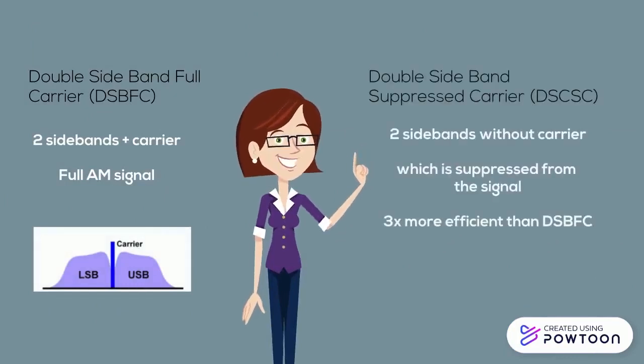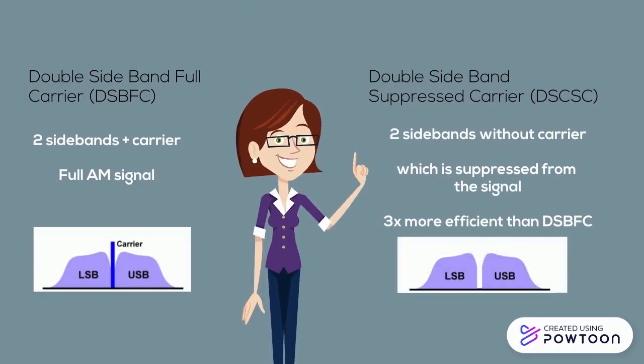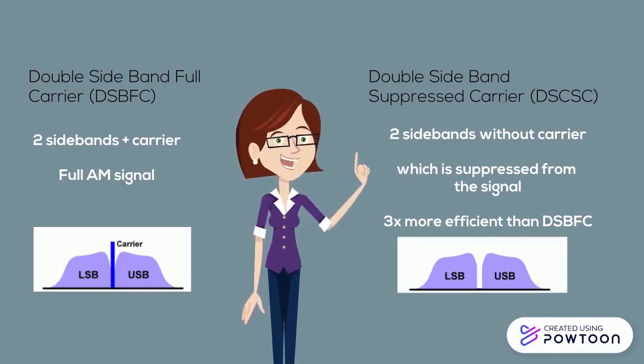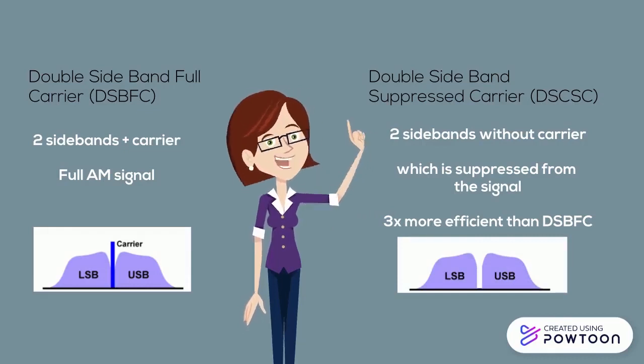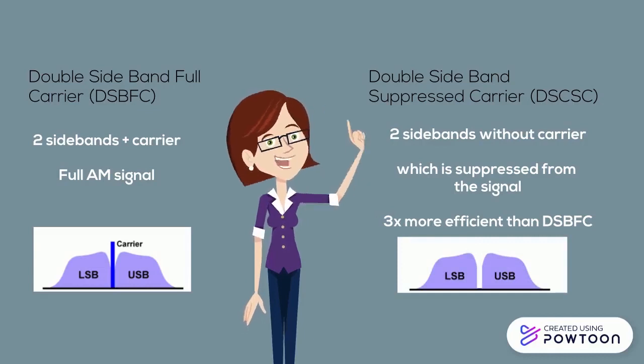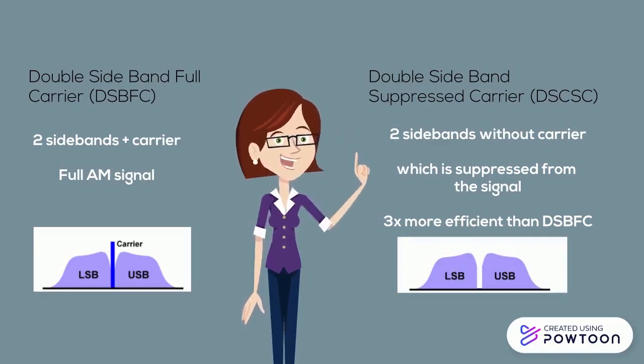And the second one is the DSBSC, which stands for double sideband suppressed carrier. Suppressed carrier transmission is transmission in which frequencies produced by amplitude modulation are symmetrically spaced above and below the carrier frequency, and the carrier level is reduced to the lowest practical level, ideally being completely suppressed. The suppressed carrier has two sidebands also, the LSB and the USB, but it has no carrier.